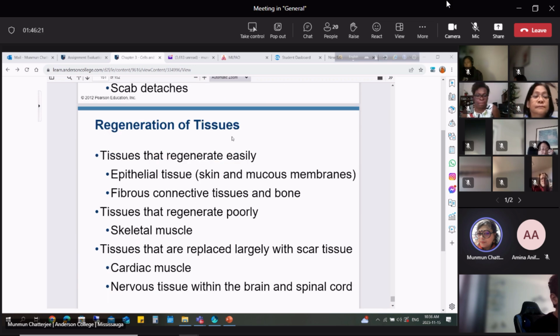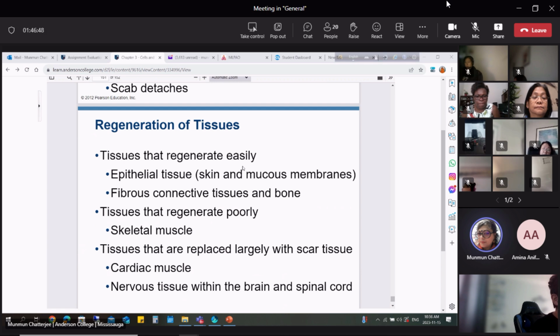Tissues that regenerate easily are the epithelial tissues, such as the skin and mucous membrane, and fibrous connective tissue. The tissue that regenerates poorly is skeletal muscle. So any injury in the skeletal muscle takes a long time to repair. Tissues that are replaced largely with scar tissue are cardiac muscle and nervous tissue.